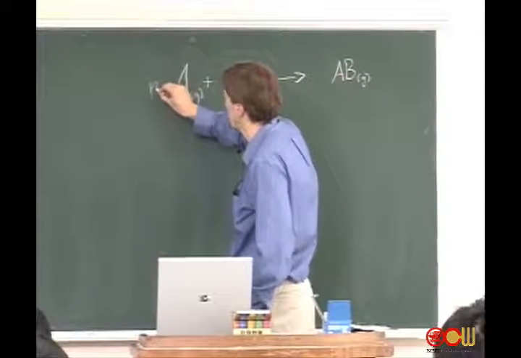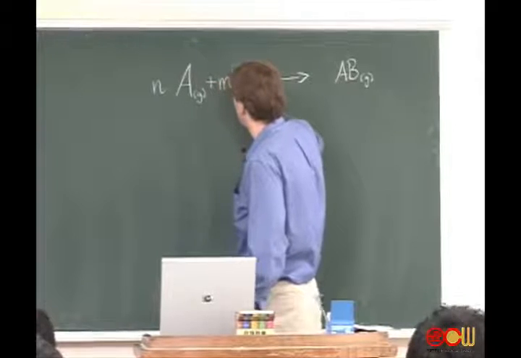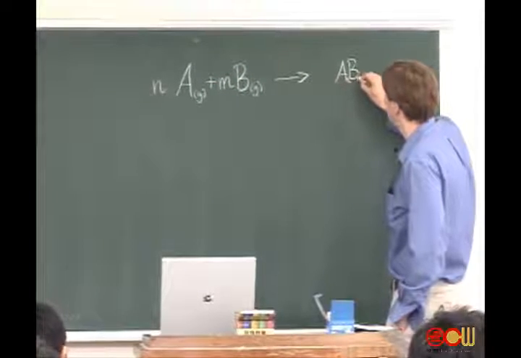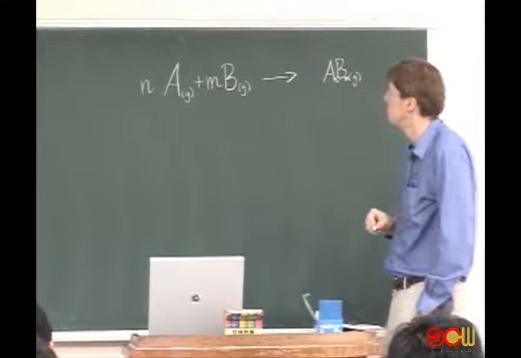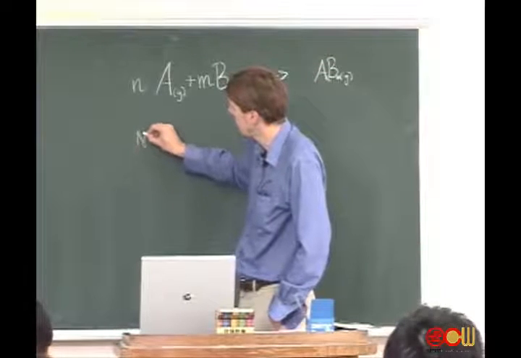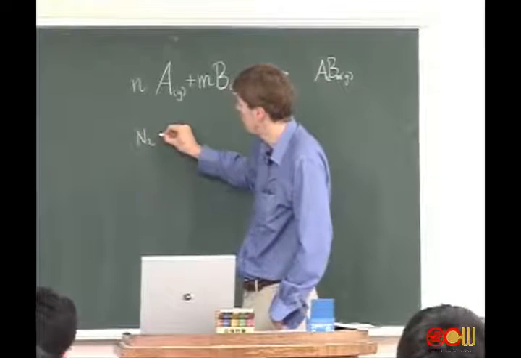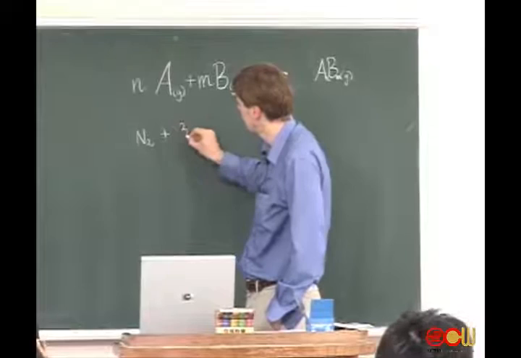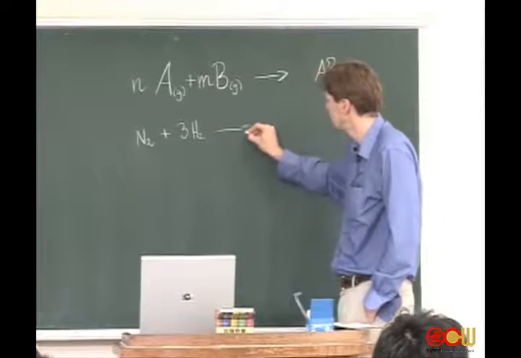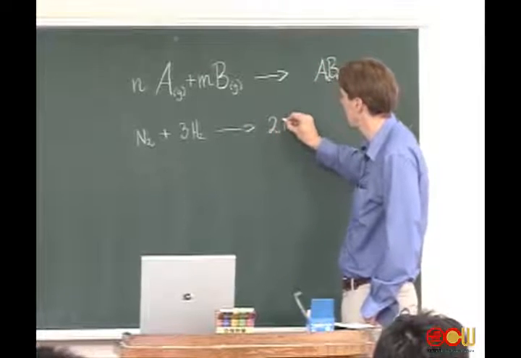You can put here N, and you can put here M, and you can also put this NM here. You see interesting things. For example, when you take 1 mole of N2 and react it with 3 moles of H2, then you get 2 moles of NH3.